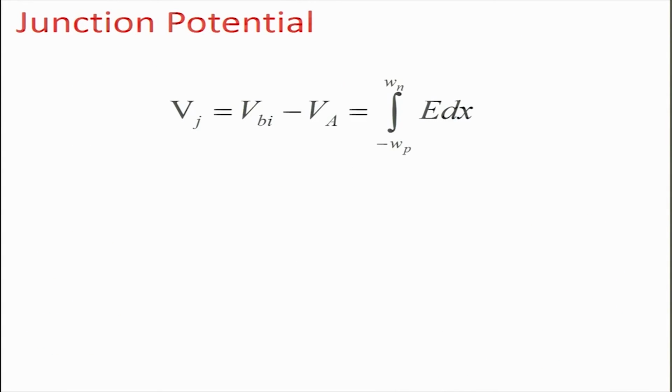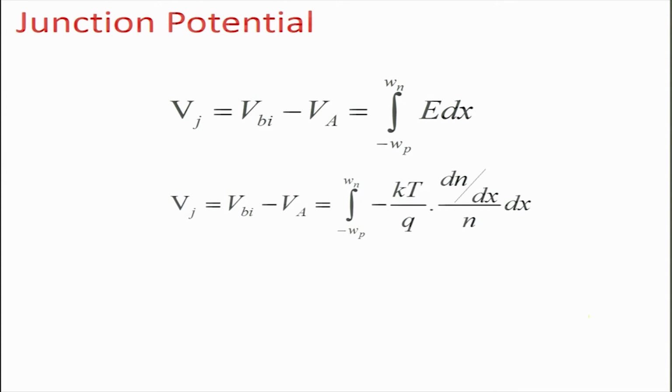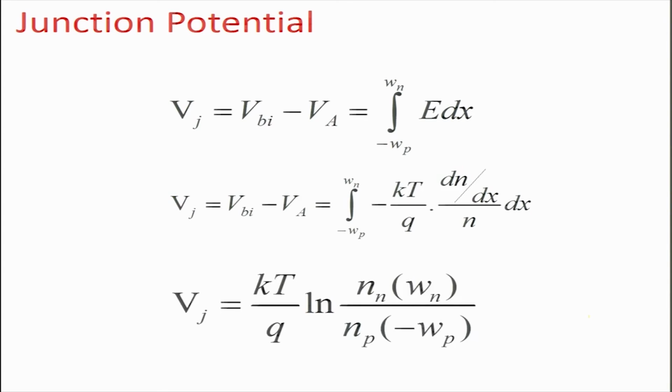So, if I now do this, this junction potential is equal to VBI minus VA, which is equal to minus the integral from minus Wp to Wn of E dx, okay. If you do the substitution for E, you get a relation for the junction potential, that is kT divided by q into ln of Nn at Wn over Np at minus Wp.